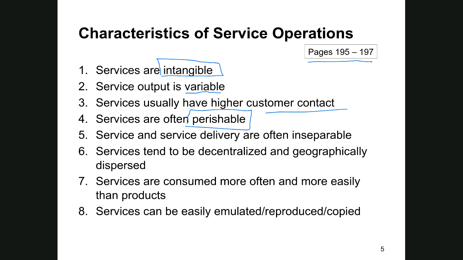They wear out, run out. The delivery and the service itself are inseparable, dispersed. Services are often more easily consumed and can be easily emulated or copied. So all of these things are characteristics of service. And here on pages 195 to 197, you would see a greater explanation of these issues.